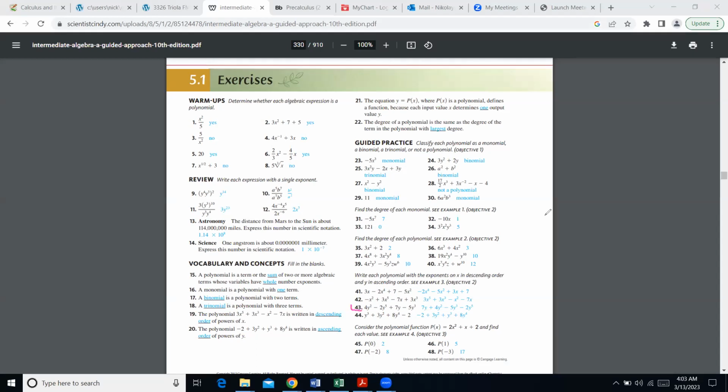I asked you to find the so-called degree of that polynomial, and degree is the largest power that I see among these four powers, and it looks like the largest power comes from the second term, which is going to be 5.